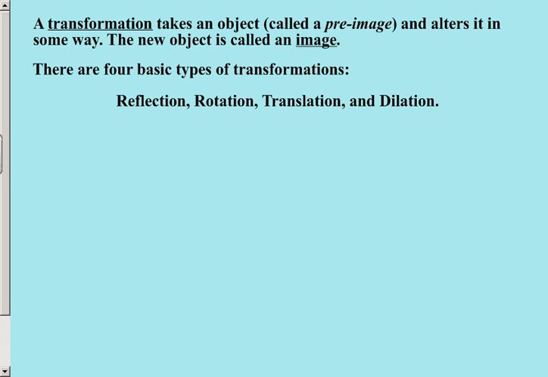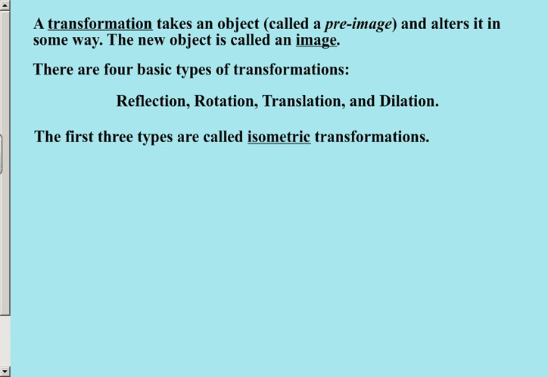That was great for junior high, but we're going to have to get rid of that vocabulary. You may have heard a translation being called a slide or glide. Going to have to get rid of that vocabulary. The stuff we're going to see in high school geometry is obviously going to use the correct vocabulary, not the simplified stuff that you might have heard in junior high.